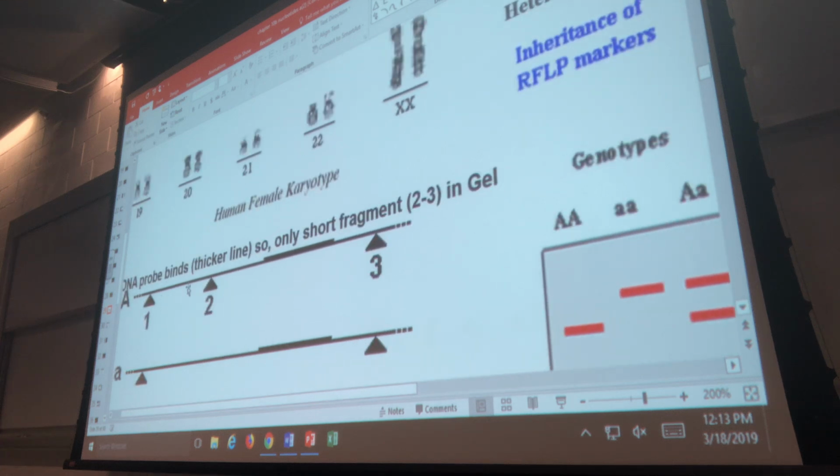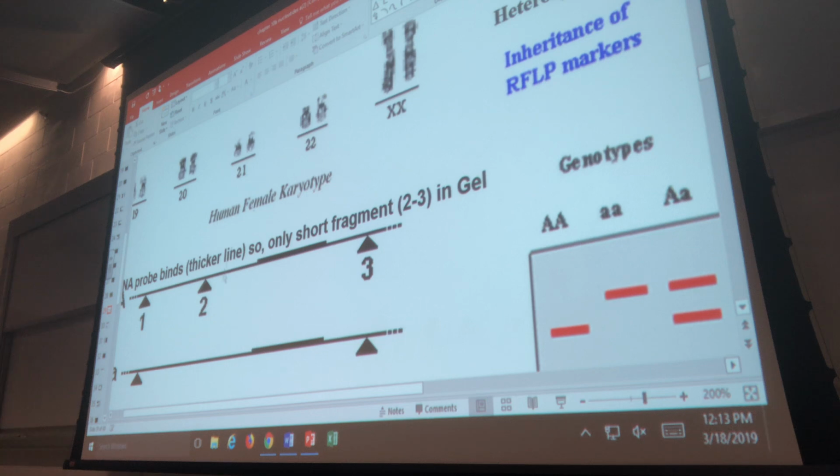Let me re-explain why that is. When we run a gel with these fragments of DNA, we will not be able to see this one because there's no probe attached to it. The fragment is still made, we just won't be able to see it on the gel. So we're only able to see the medium-sized fragment, the one that's made between 2 and 3, and the long-sized fragment, the one on the lowercase a.